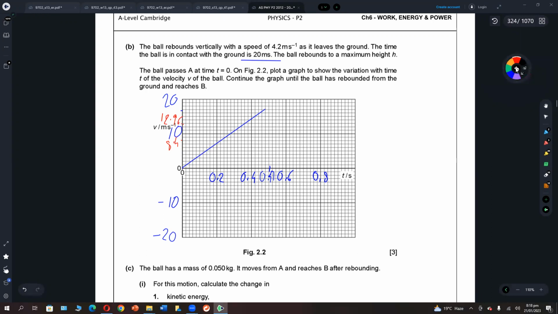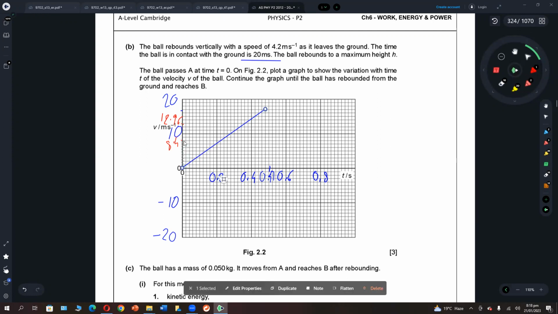So I'm changing this position from here.